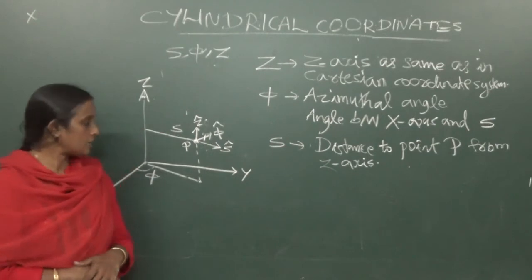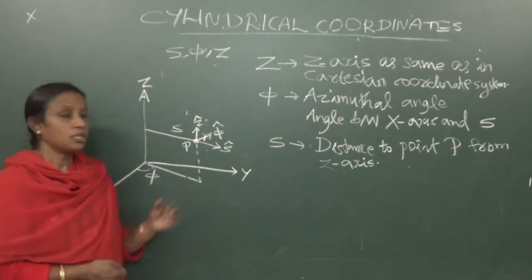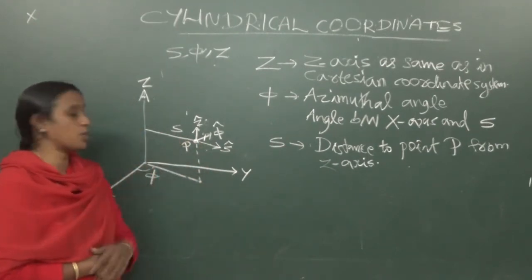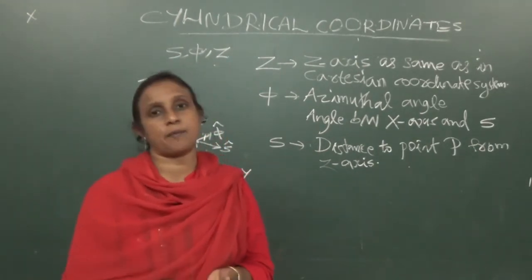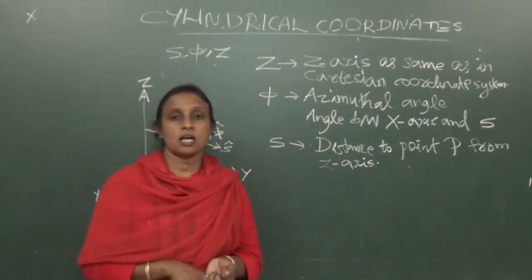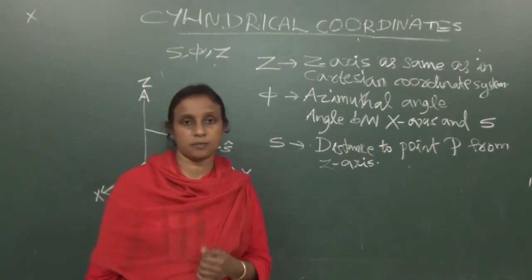Now we can write these three unit vectors, S cap, phi cap and Z cap, in terms of the Cartesian coordinate system.